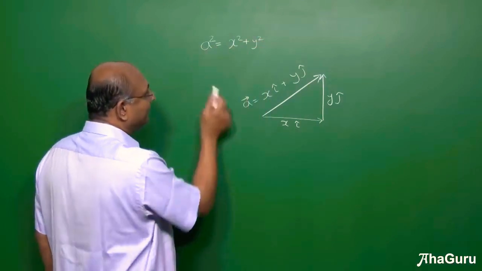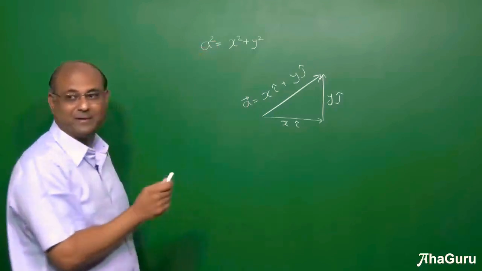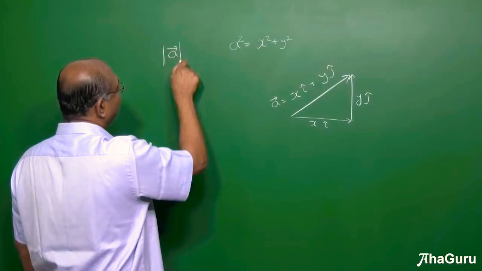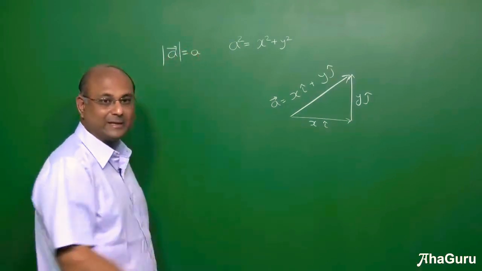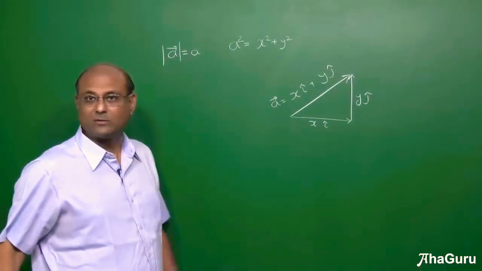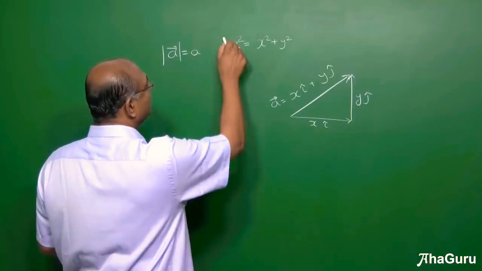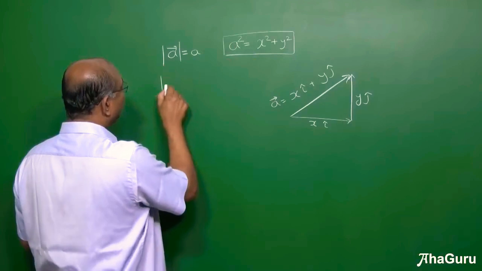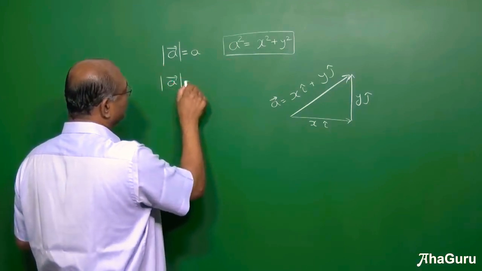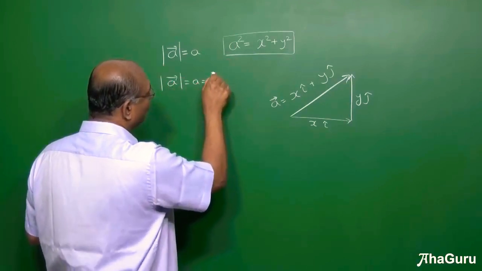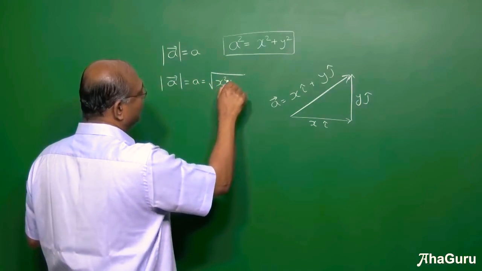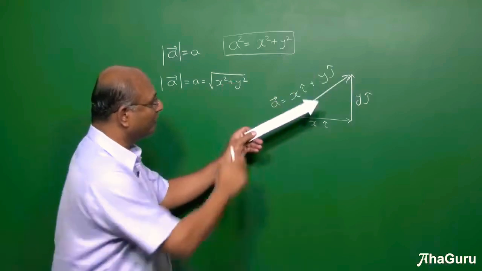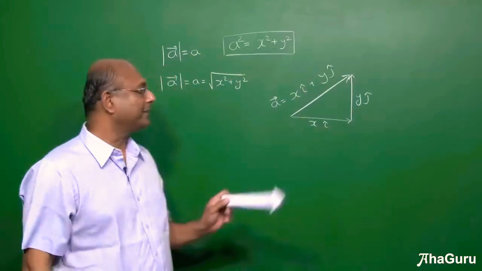This is not the vector A, this is the magnitude of A, and we write it simply as the letter A without the arrow on the top. So this statement means the magnitude of vector A, which is A, is root of x square plus y square. It is always a positive quantity. You are talking about just the length of this vector.